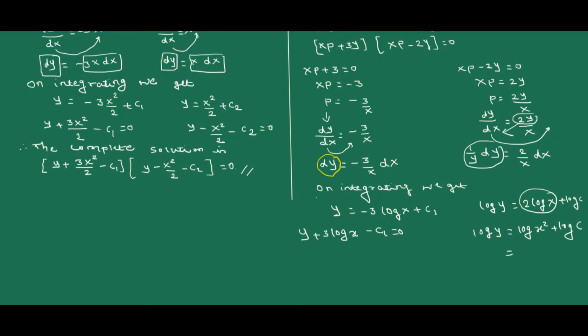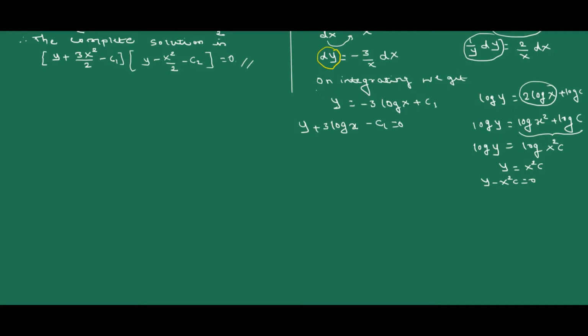By using logarithmic property, log x square plus log c we can write it as log x square into c. Left hand side we have log y. So y is equal to x square into c, or y minus x square c is equal to 0.